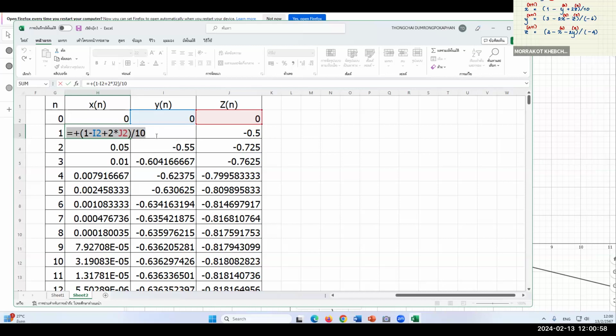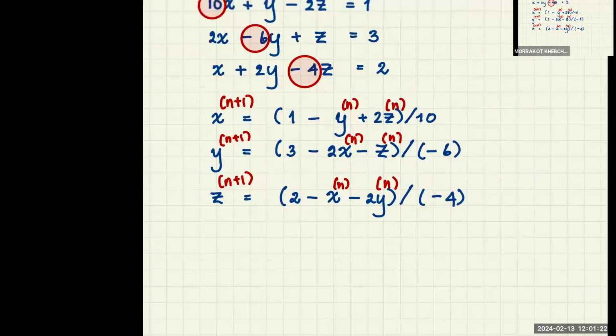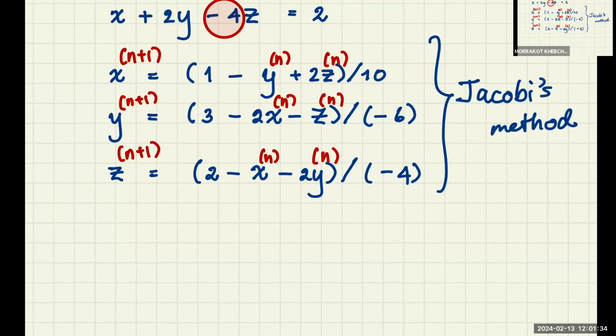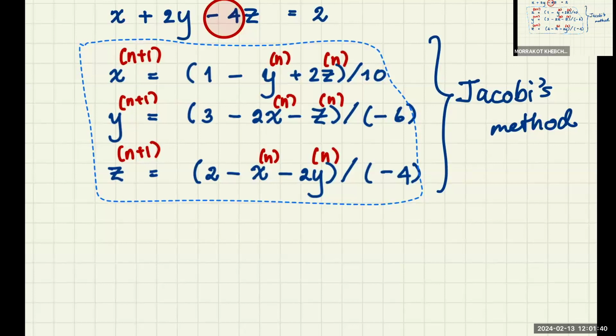Mr. Gauss and Mr. Seidel together made the faster scheme of this iterative method. This is called the Jacobi. Gauss-Seidel will say, okay, come on, we do the same thing, except that, let's see.